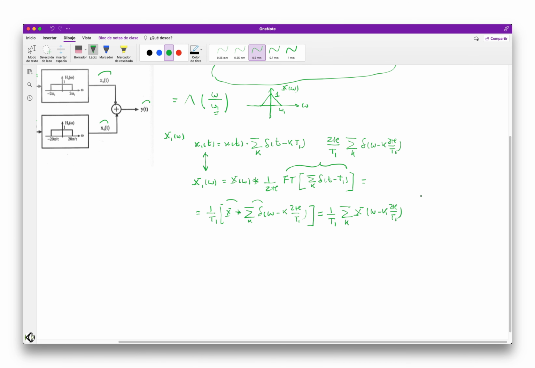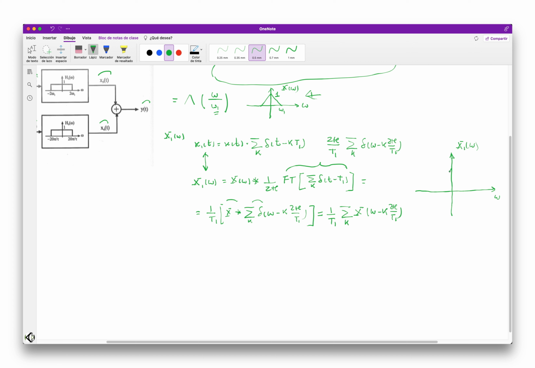If we draw x1 of omega, what we need to do is draw the different x displacements at the different points. So here we are going to draw x1 of omega. For k equal to 0, this will give me the signal x around 0. Signal x, remember, was that one.